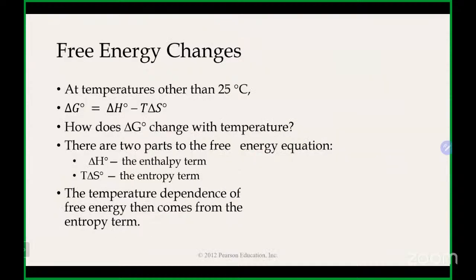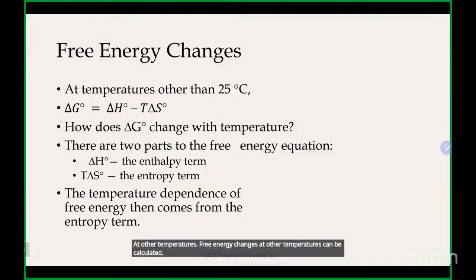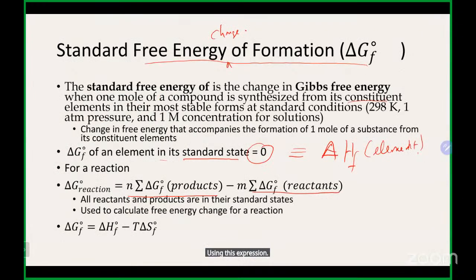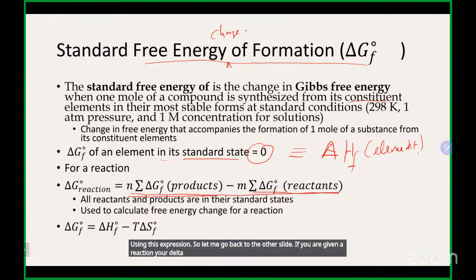Free energy changes at other temperatures. Free energy changes at other temperatures can be calculated using this expression. So let me go back to the other slide. If you are given a reaction, your delta H of formation is given as that.